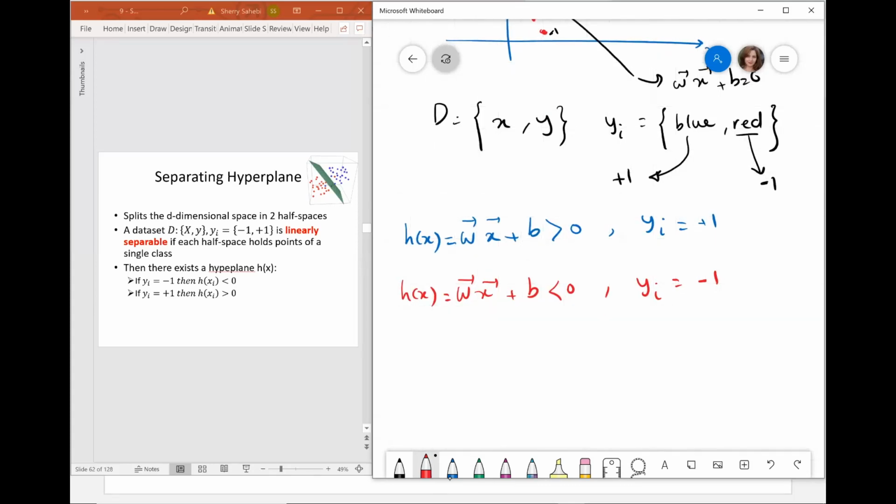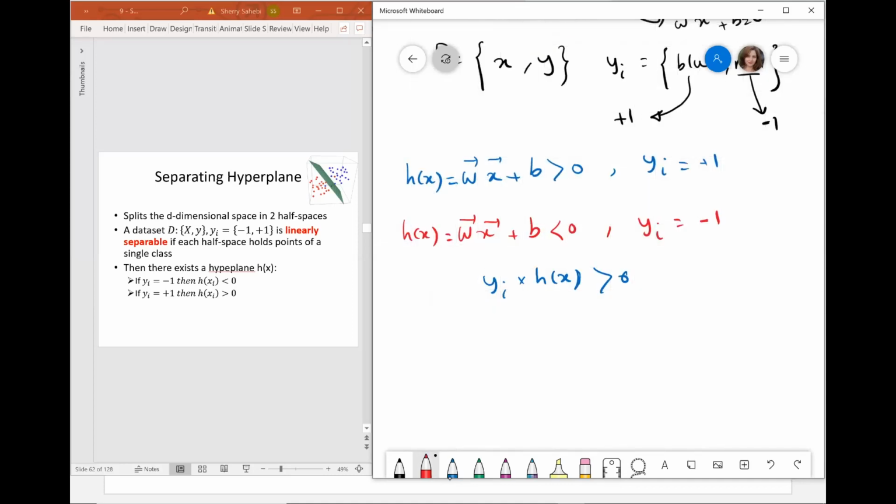Now, it means that if I multiply h of x with yi for the blue class, I'm going to get some number that is positive, right? Because yi is 1 and h of x is positive.